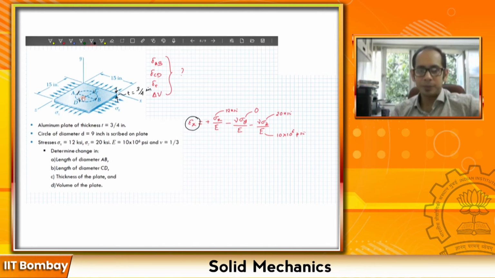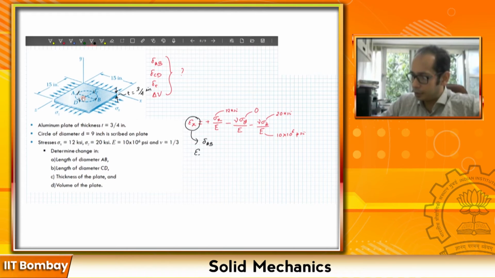Once you have epsilon x, I'm not putting the numbers in and computing directly here, you can easily do that, or on the next page I will provide the numbers which we get. Once we get this epsilon x, your next step is to calculate your delta AB. Remember how the delta and the epsilons are related?